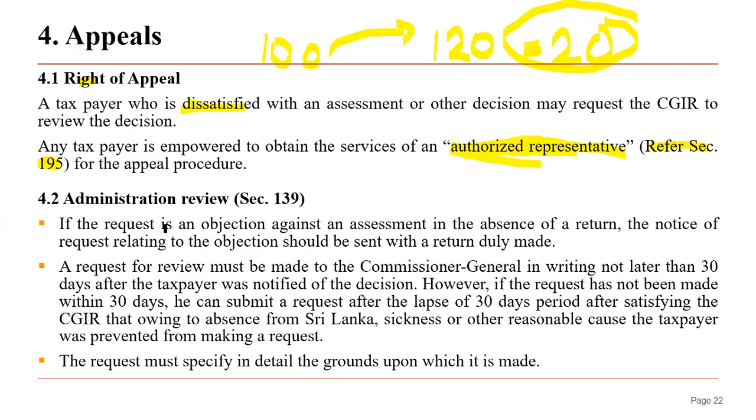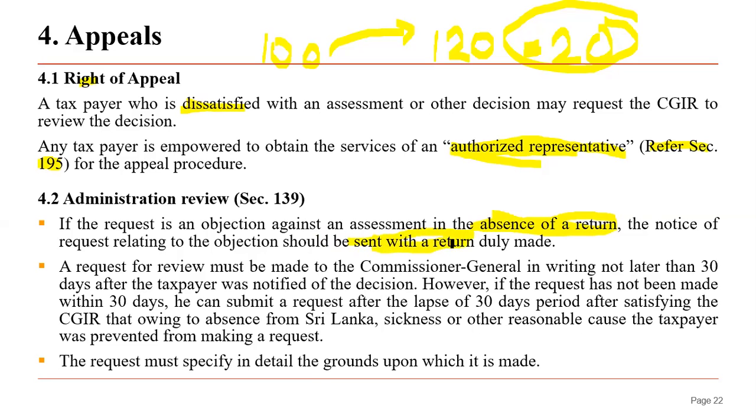If the request is an objection against the assessment, meaning in the absence of the return, see the wording, in the absence of the return, then you are going to appeal because you have not filed the return on the due date. Then you have to file the return together with the appeal.